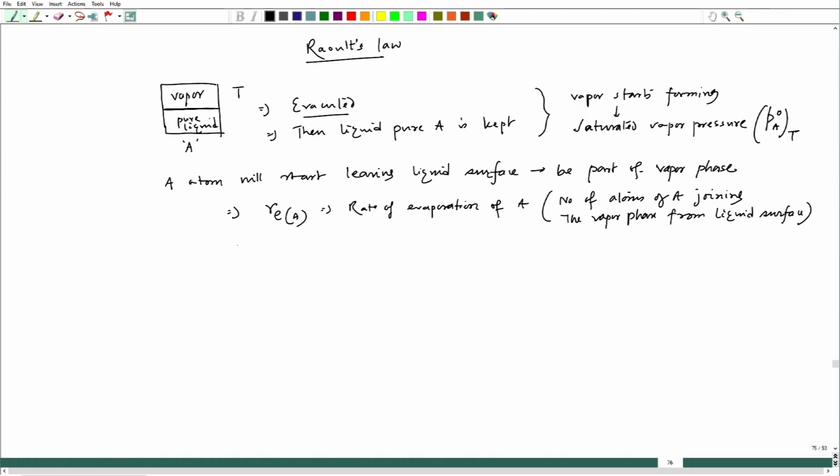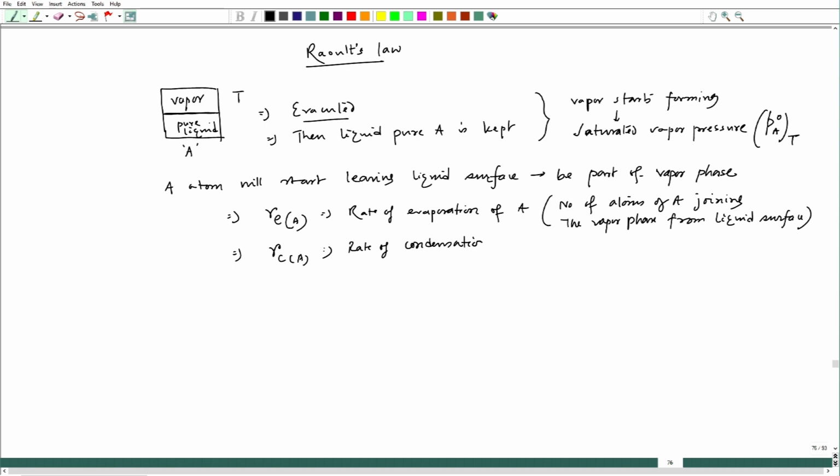Fine. Similarly, there would also be a parallel process, called R C A, which is the rate of condensation of A, that is, the number of A atoms joining the liquid surface from the vapor phase.